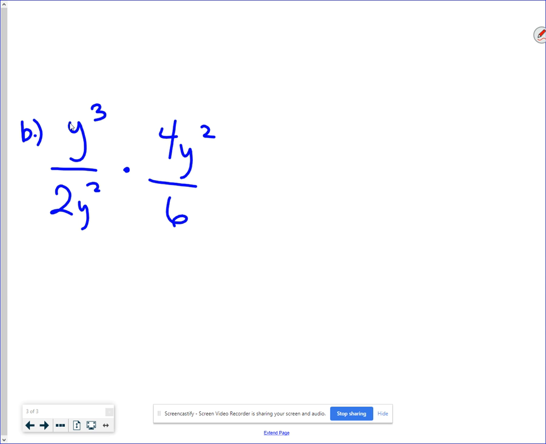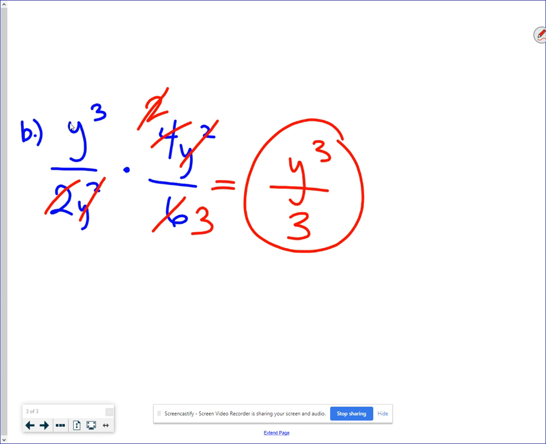So you can just cancel out common factors. So we got a y squared here, that will cancel the y squared up there. 2 can go into 4 2 times. This 2 here on top can mark out with a 6 and become a 3. Now nothing else cancels out, so what's left on top? y cubed, and on the bottom would just be 3. So my answer is y cubed over 3.